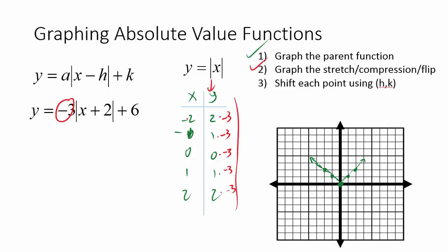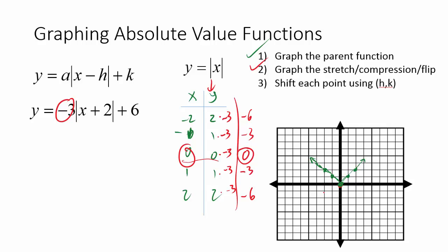That would give us the point -2, and this would be -6, -1, -3, 0, 0. This would be 1, -3, and this would be 2, -6. And you can notice here that this actually just flipped our graph upside down. So we still have 0, 0 here. But let's go ahead and graph the other ones.